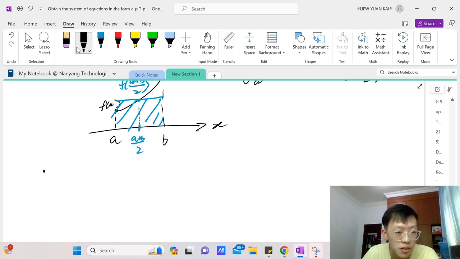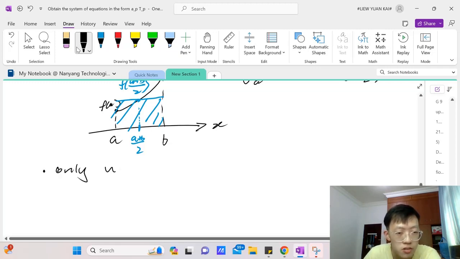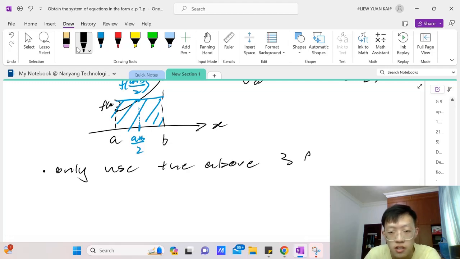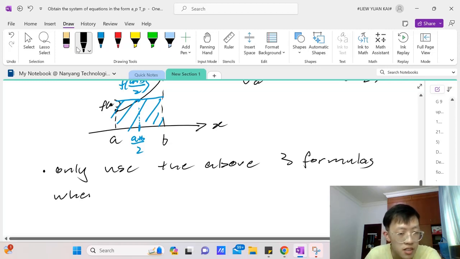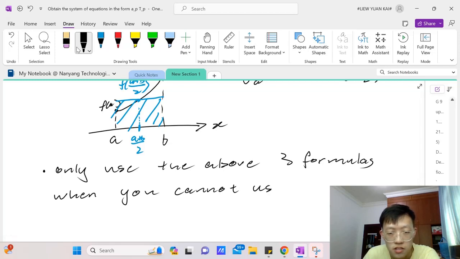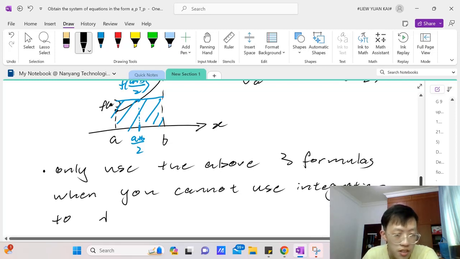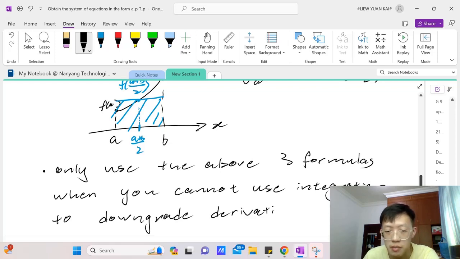Okay, so let me put a note here: only use the above three formulas when you cannot use integration to downgrade derivatives.